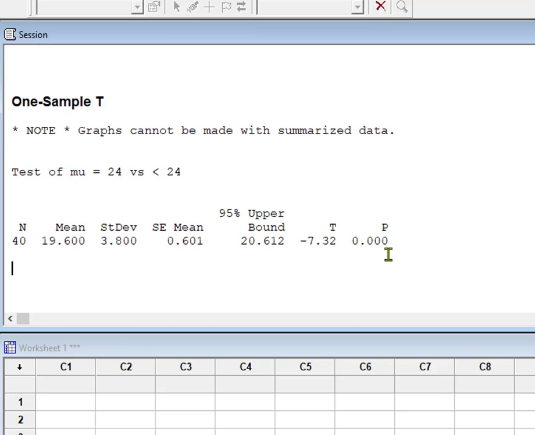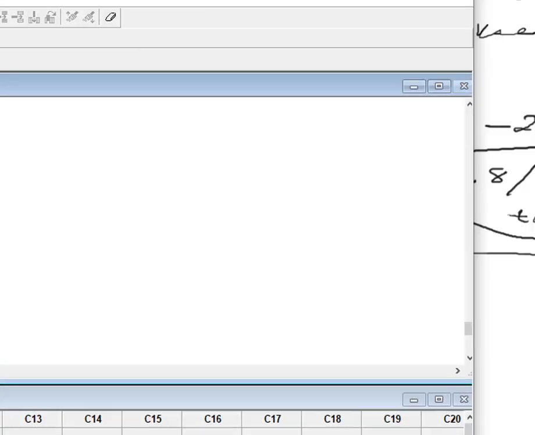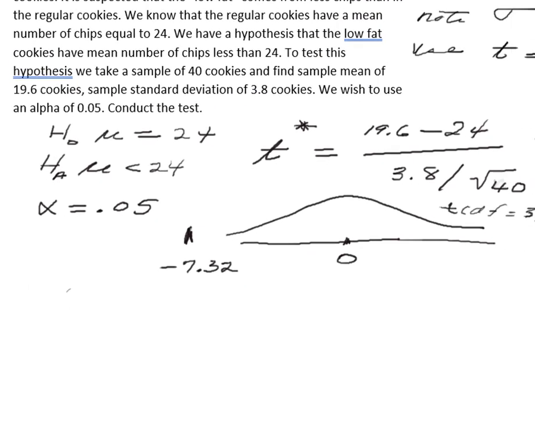That's what this is telling me, not that the p-value is 0 to a billion digits. But three is a lot of decimal digits. This p is practically 0, and practically 0 certainly is less than alpha, so I'm going to reject the null hypothesis. Let's get Minitab out of our way, and we'll write down what we've learned.